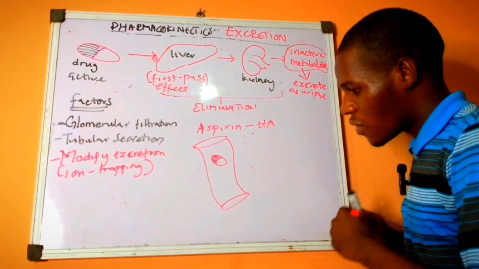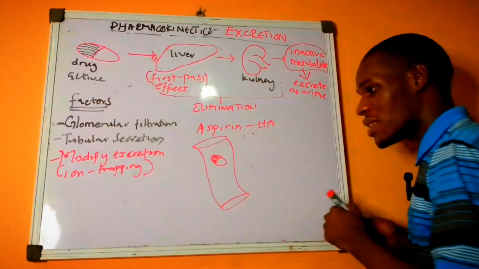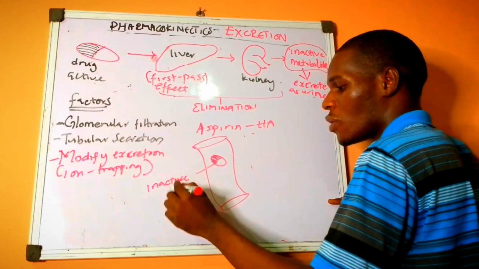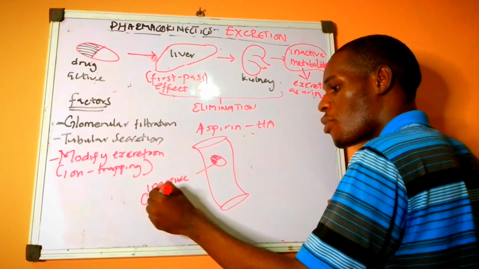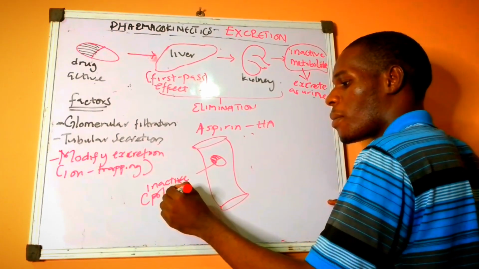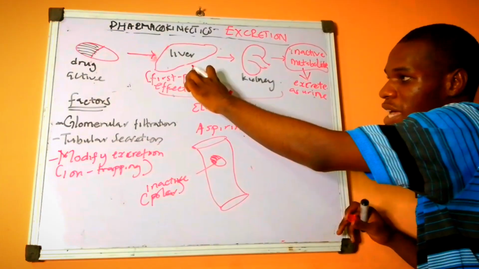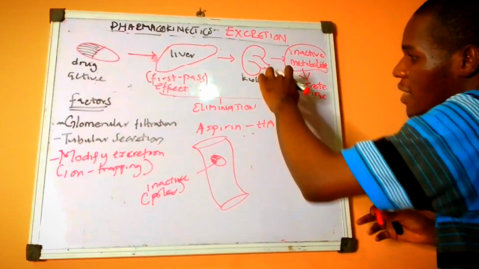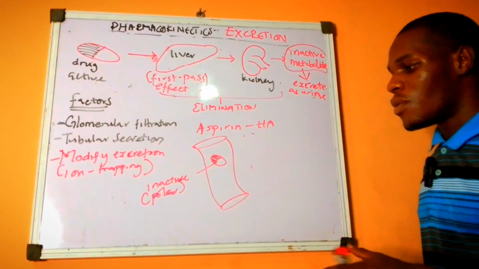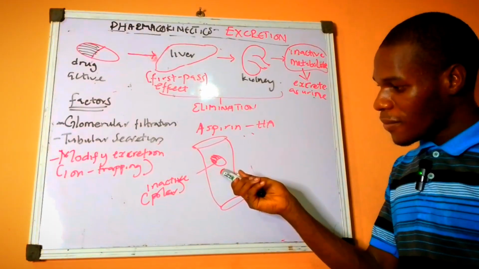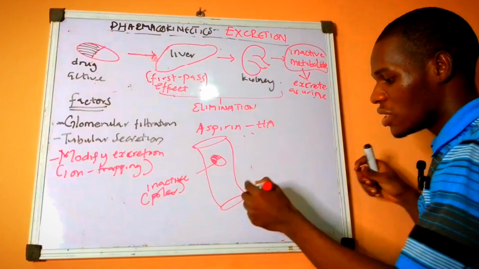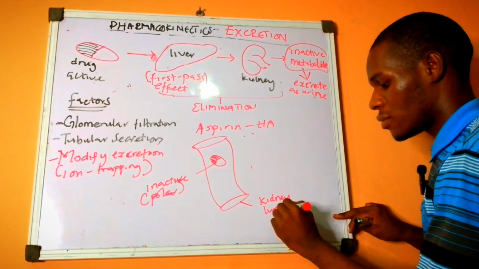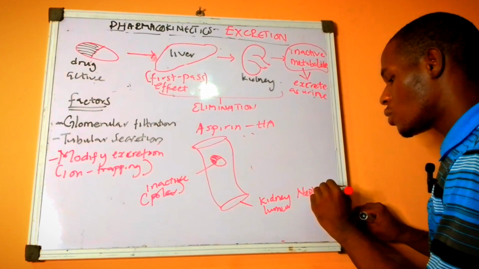The aspirin is now made inactive, or made polar, by CYP450 enzymes in phase 1 and phase 2 biotransformation of the drug, and by the kidney, and is now trapped in the kidney nephron lumen.